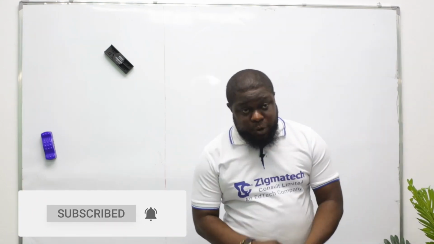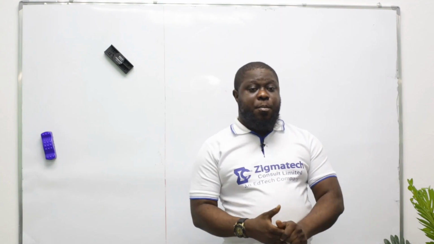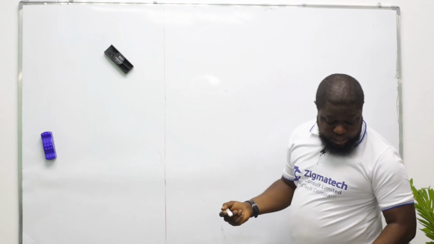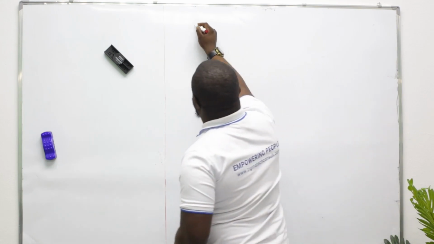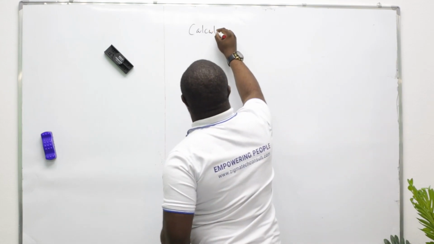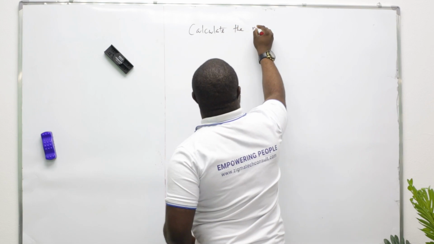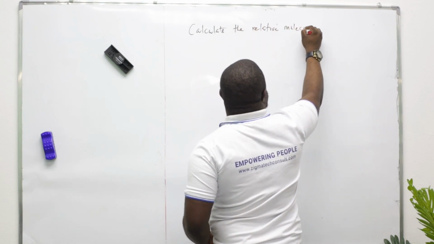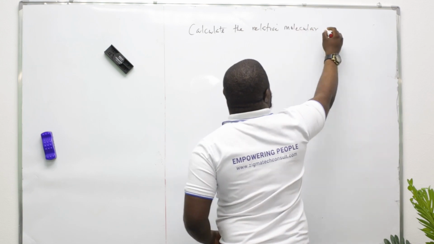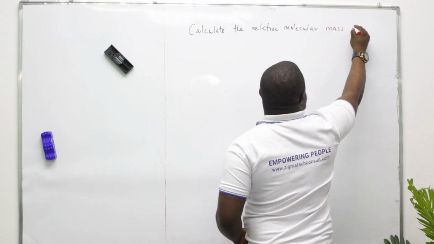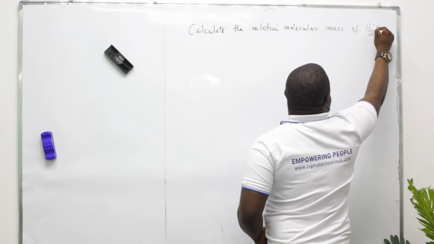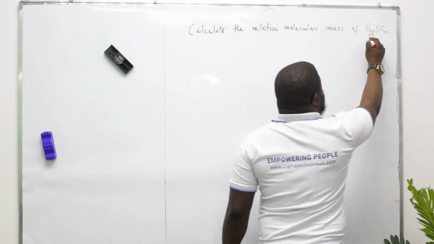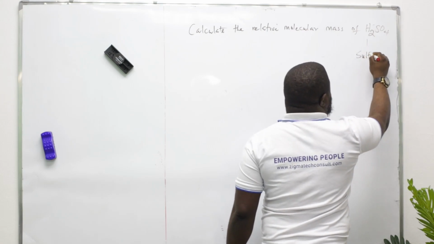Now let's look at some questions related to relative molecular mass. The question says, calculate the relative molecular mass of H2SO4. Now, H2SO4 is sulfuric acid.